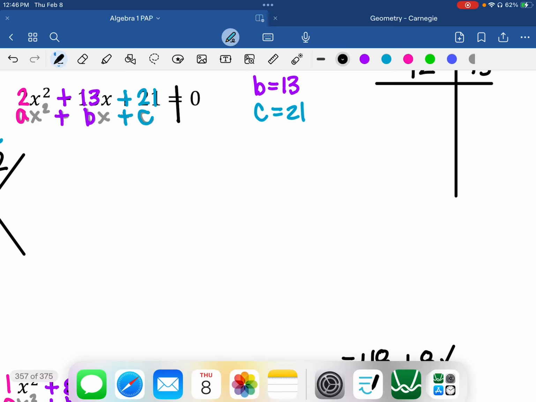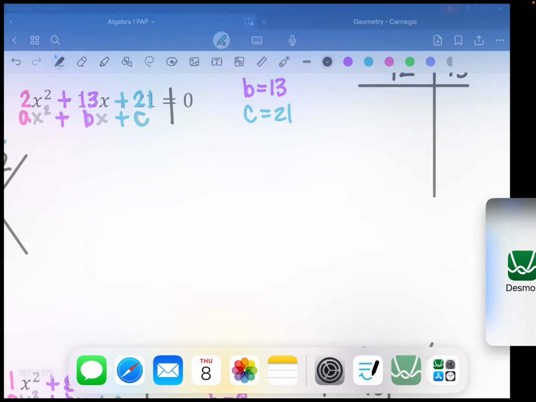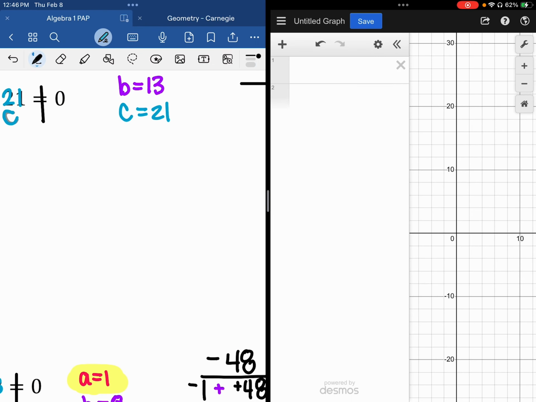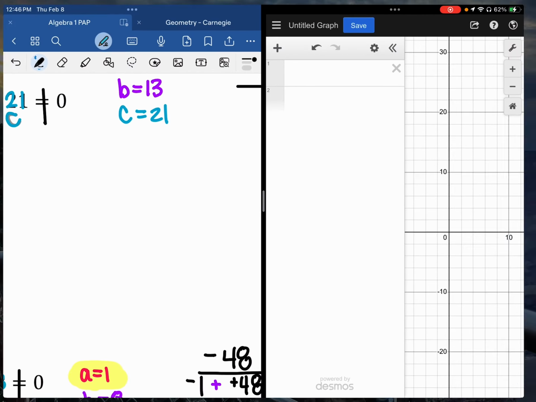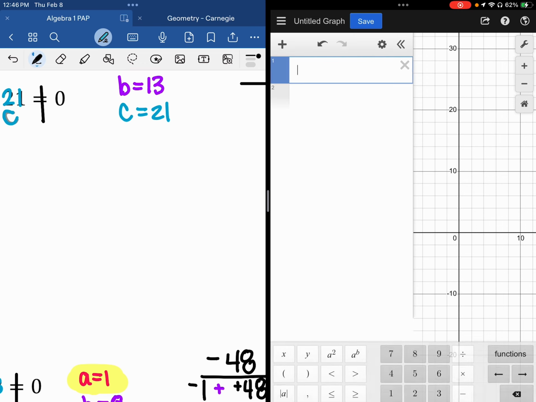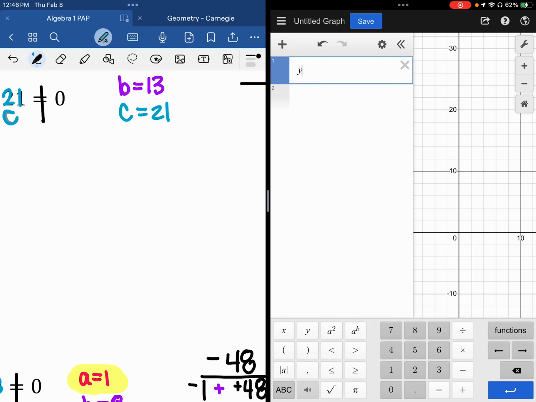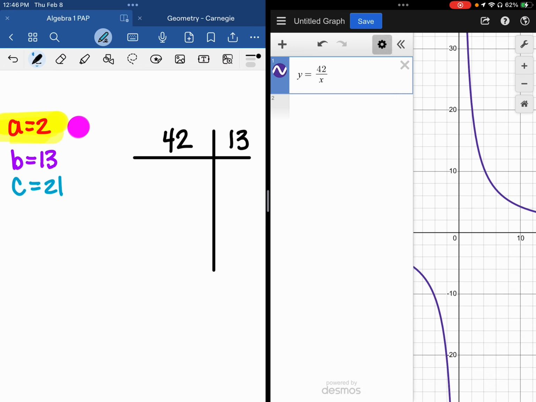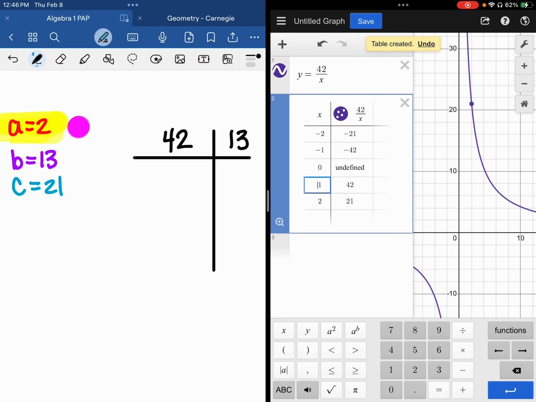So let me bring that Desmos calculator up one more time just to make sure that you're good with this hack. Y equals 42 divided by X. There's my equation, and I can go ahead and look at my table.